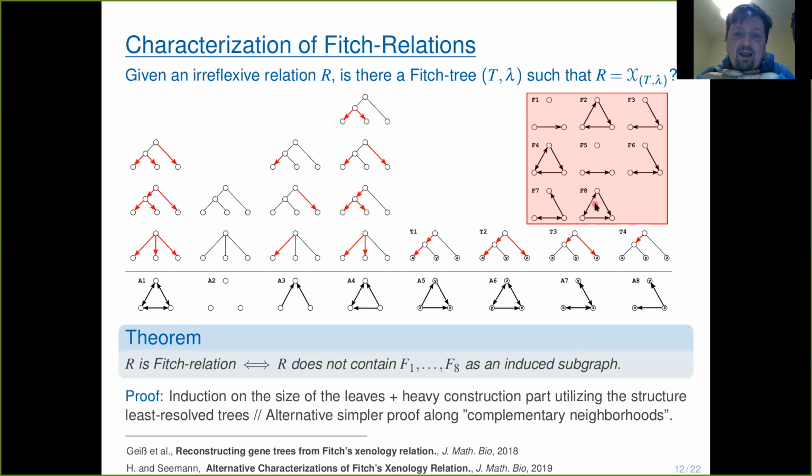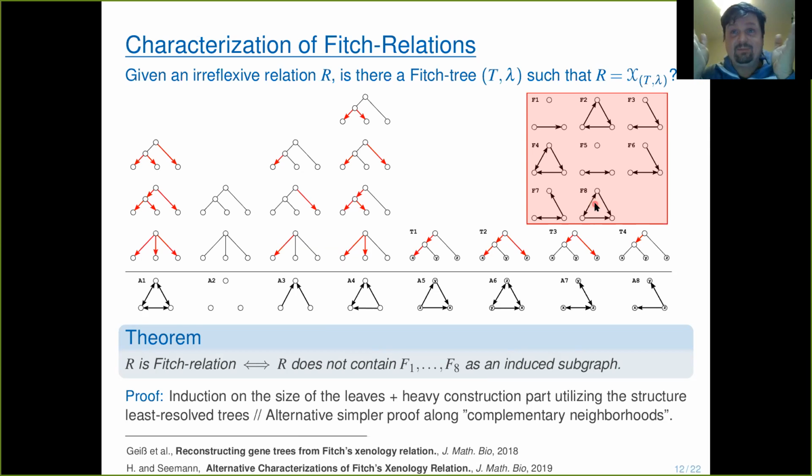And we do not learn much from that proof. There is an alternative proof that we found later that is based on so-called complementary neighborhoods, which is very elegant. But it also needs more information about substructures that I don't want to explain here. So just believe me that this theorem is correct.